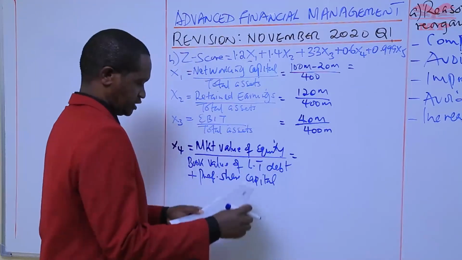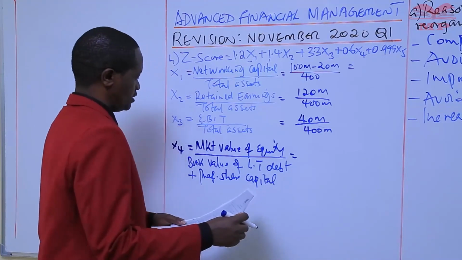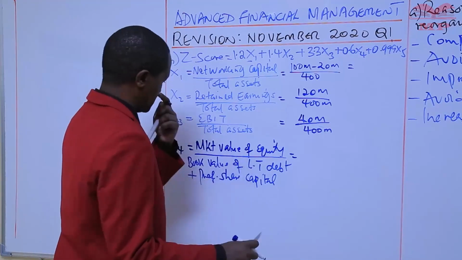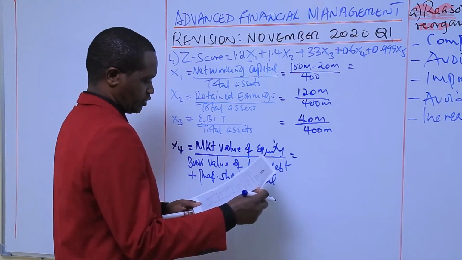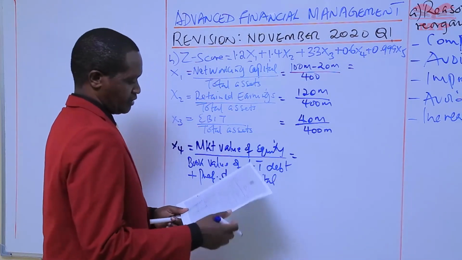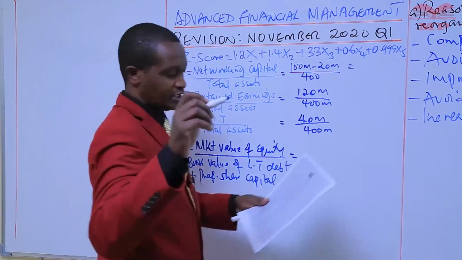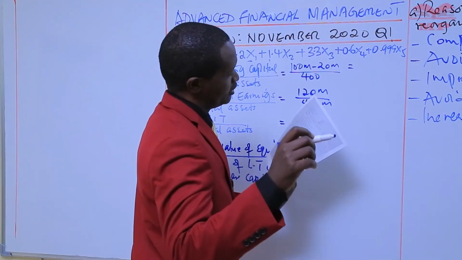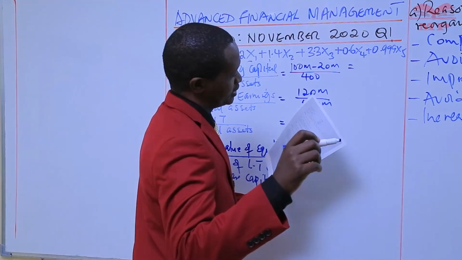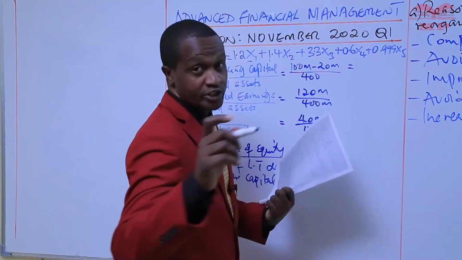Then X4, market value of equity. Market value of equity, we are going to get the number of shares. Then we multiply by the market value of shares. We read the firm's ordinary shares are currently trading at 15 shillings each.